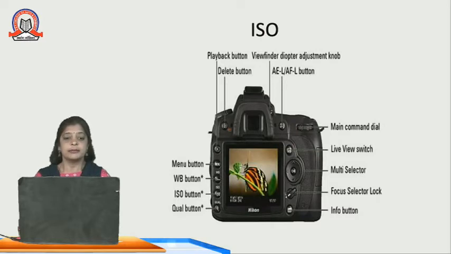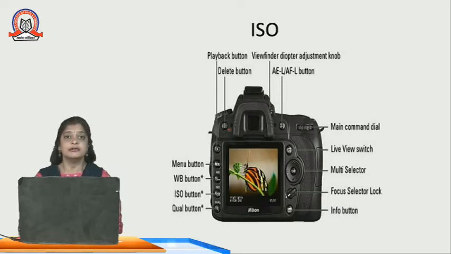In an electronic camera, there are a few buttons with which you can change the ISO immediately. By changing the gears or by changing the light conditions, you can decide what ISO you have to fix. For example, if you want to shoot a batsman hitting the ball, at that time you need to set a high shutter speed to grab the clear movement.